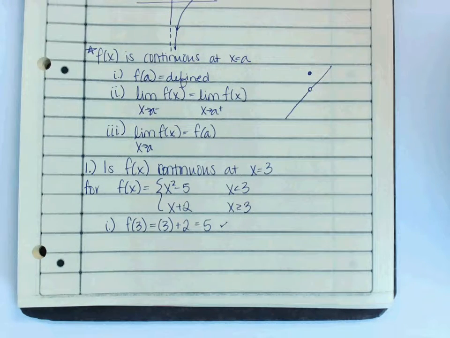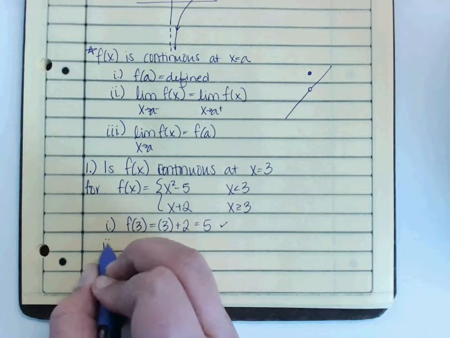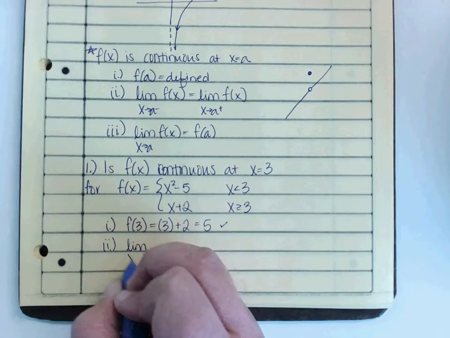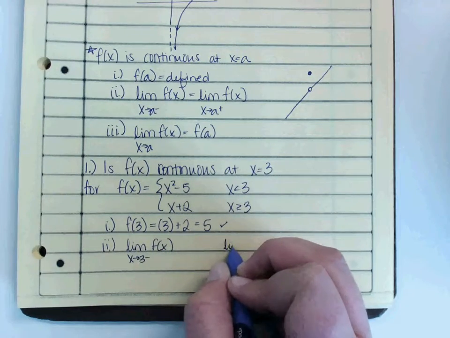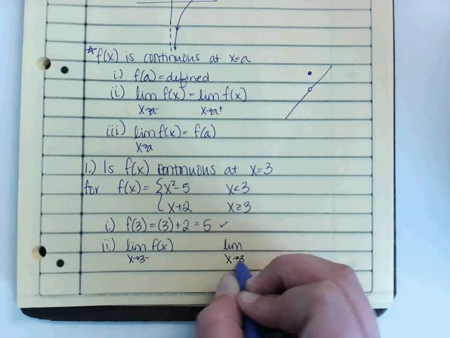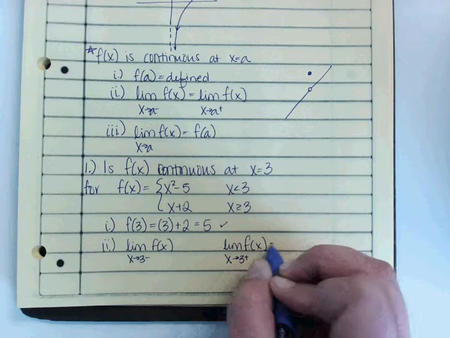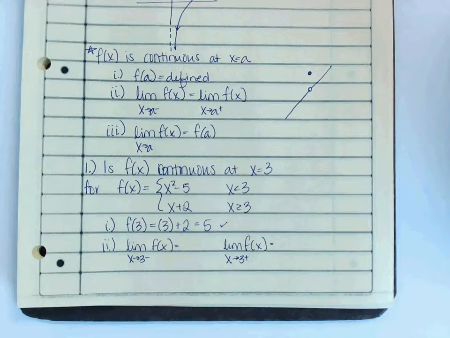Step number 2, this is what you've already seen: limit from the left and the limit from the right. Limit from the left, where would I be plugging in, top or bottom?